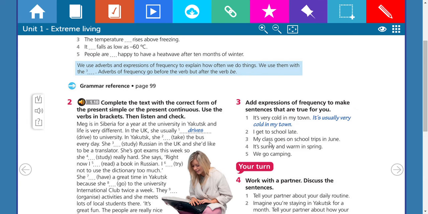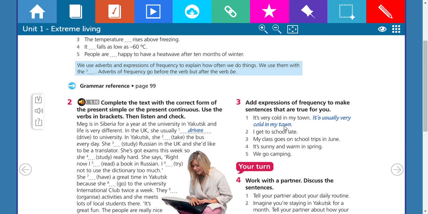My class goes on school trips in June. So in June, the seminary San Jose goes on trips? No. So my class hardly ever, it's a possibility, or maybe you can say never goes on school trips in June.